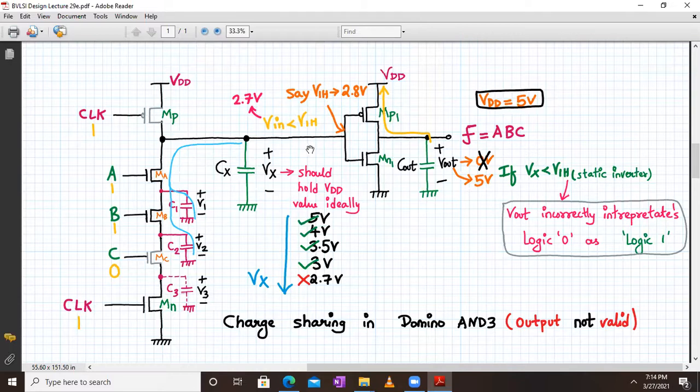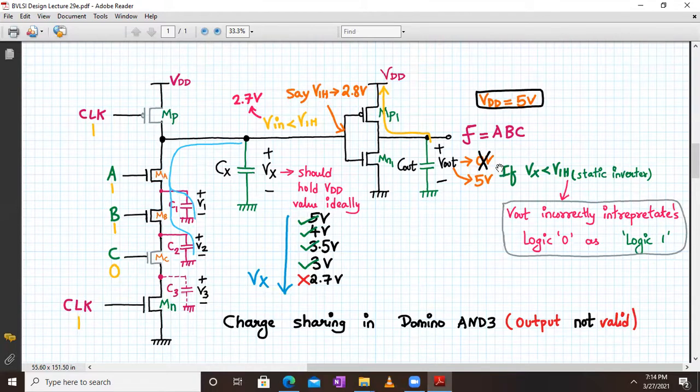Whenever Vin becomes lesser than VIH, it will incorrectly interpret it as logic 1. It might treat it as logic 0. The moment it treats it as logic 0, the output will be 5 volts, because if it considers it as logic 0, my MP1 transistor will be on, and the output node will be charged towards VDD, which is absolutely wrong.